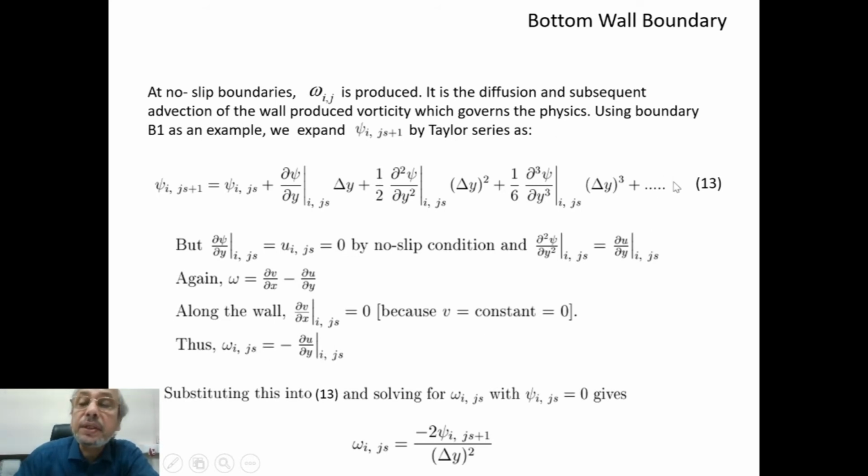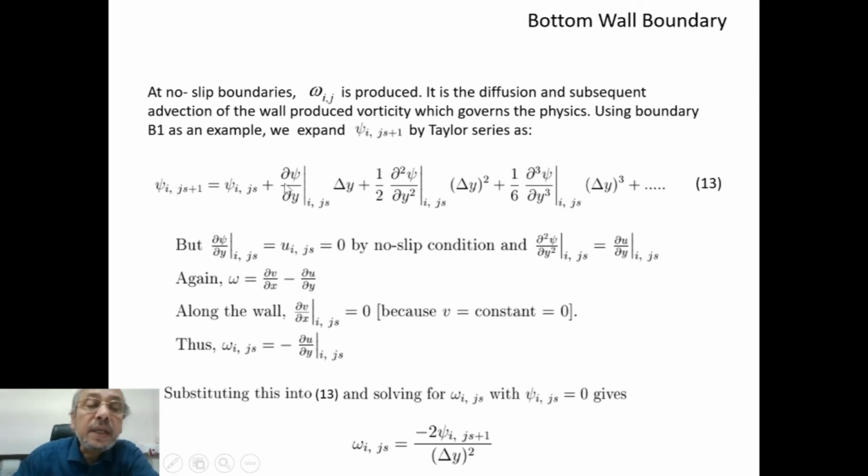Now in equation 13, we substitute del 2 psi del y2 by minus omega. Then we can transfer the other terms to the left hand side.